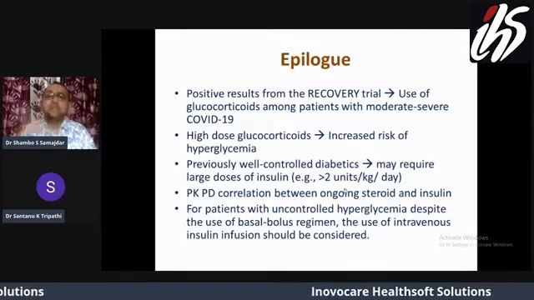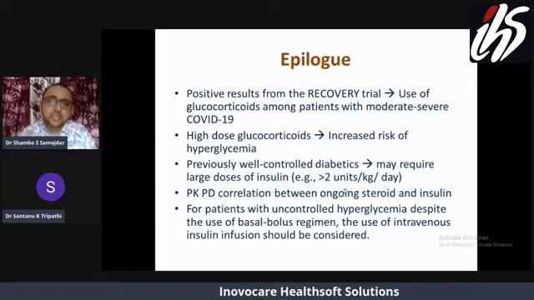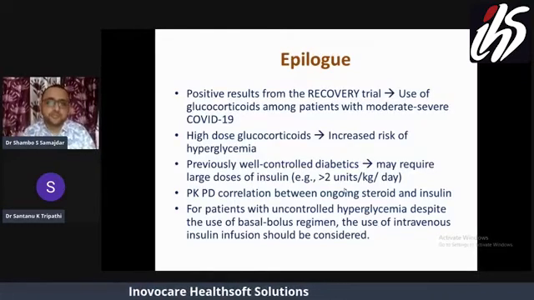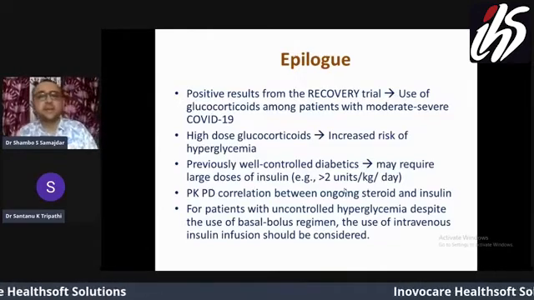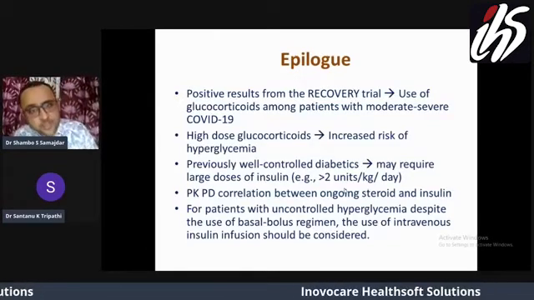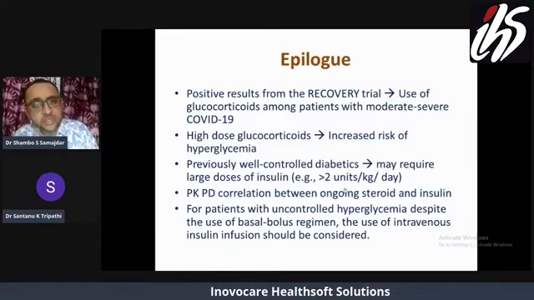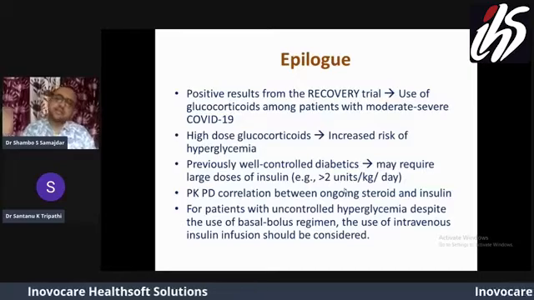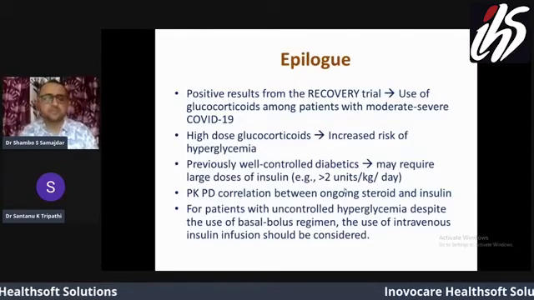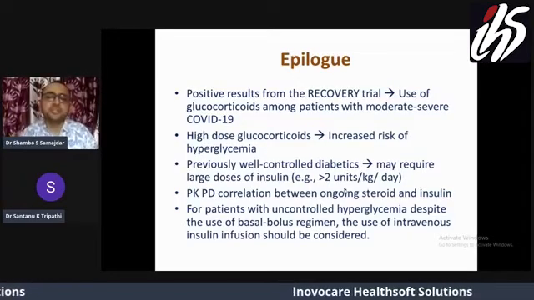If the patient requires glucocorticoid, irrespective of CBG value, we should start glucocorticoids. Along with that, we need to give emphasis on glycemic control with insulin. That insulin dose can be titrated, but there should not be any delay in starting glucocorticoids when it is really needed. So high dose glucocorticoids increase the risk of hyperglycemia, but we have insulin to counter that.